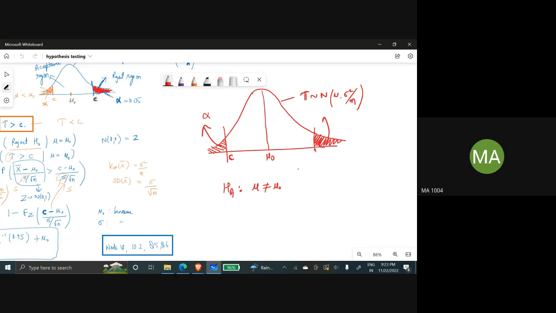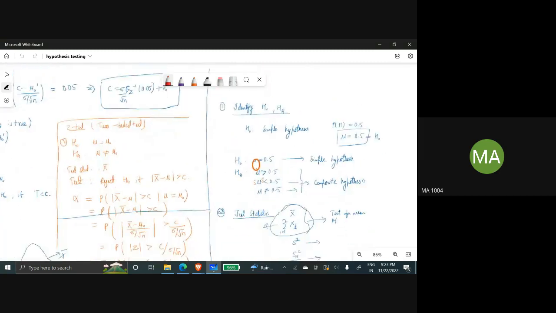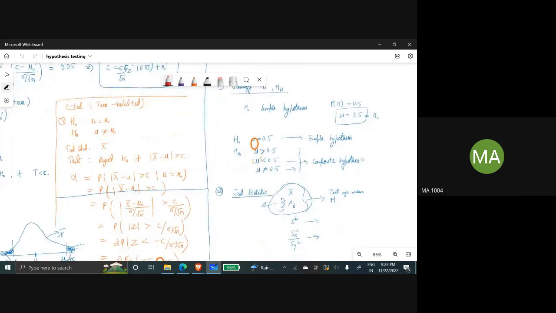Okay. No, it is not like that. When you have a two-tail test, H naught is mu equal to mu naught, and HA is mu not equal to mu naught. And we are taking the test statistic to be the same as the sample mean, let's say.